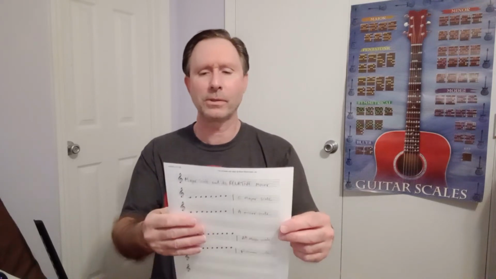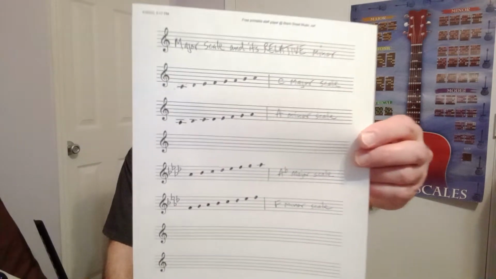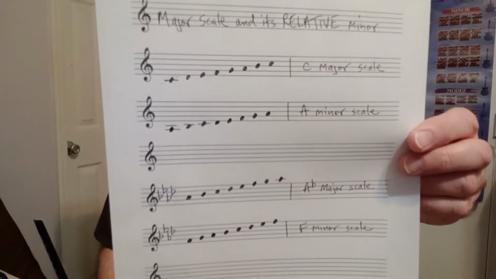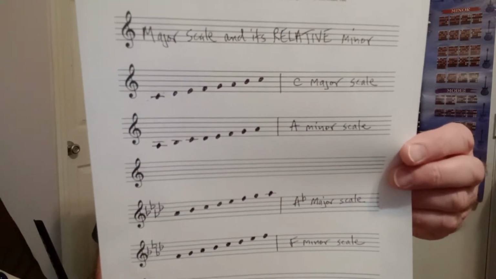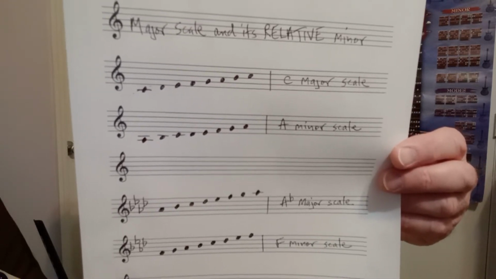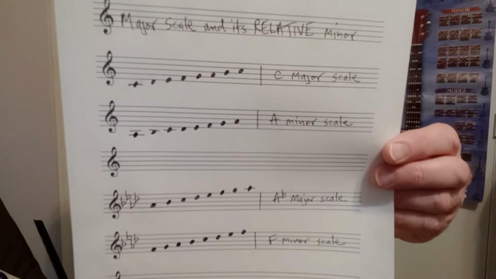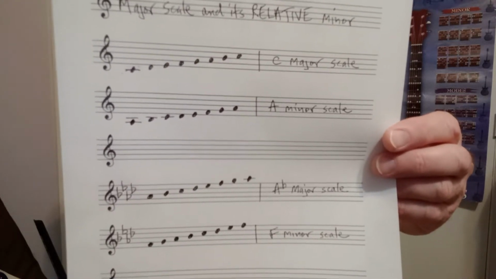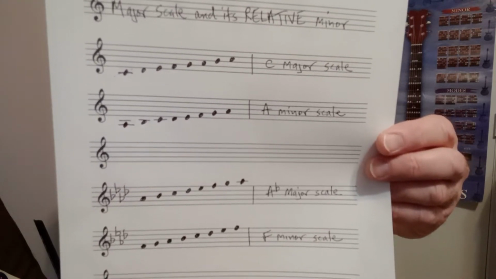Okay, today's topic. I have some high-tech graphics here, and I'd like to just put this on the screen for a while. And what this is showing you is two separate examples, two pairs of a major scale and its relative minor. You can see that they share the same key signature.